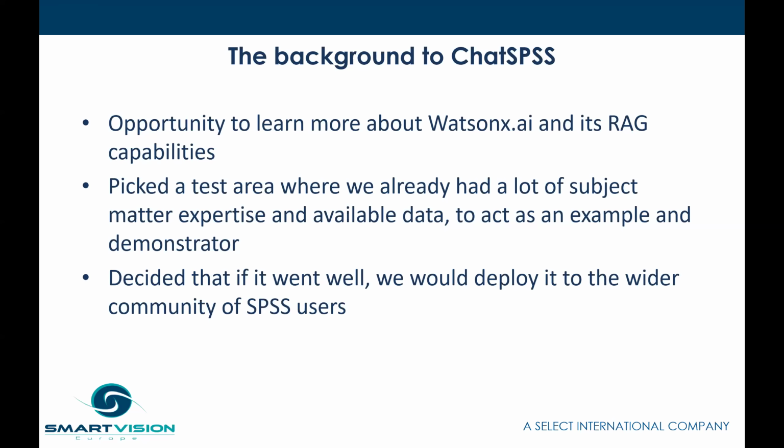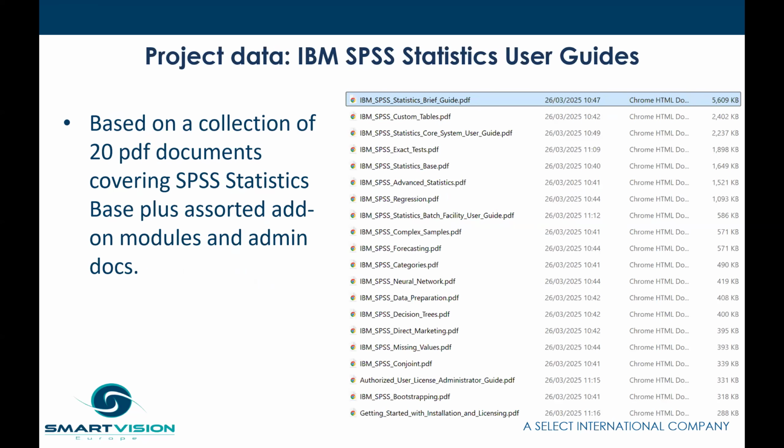Okay, so before we do that, how did we get there? Well, to build the Chat SPSS application or the RAG solution, we needed some data. The data we started with was all of the different SPSS guides and manuals which are out there and freely available for people to download. With each version of SPSS, you will have a number of different technical documents that relate to different aspects of the software.